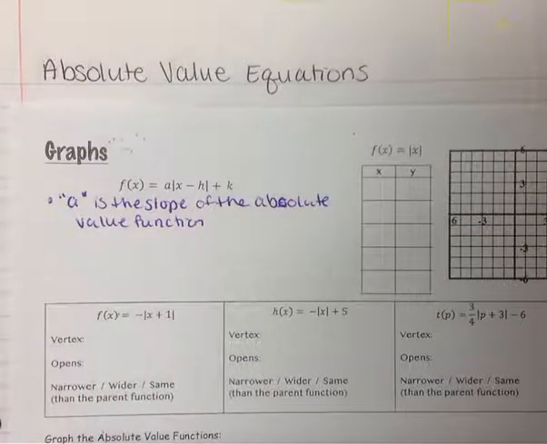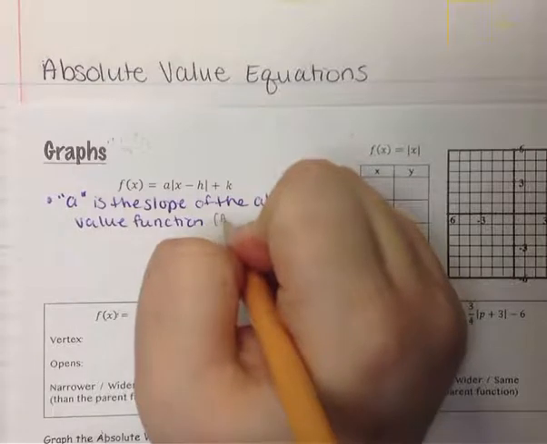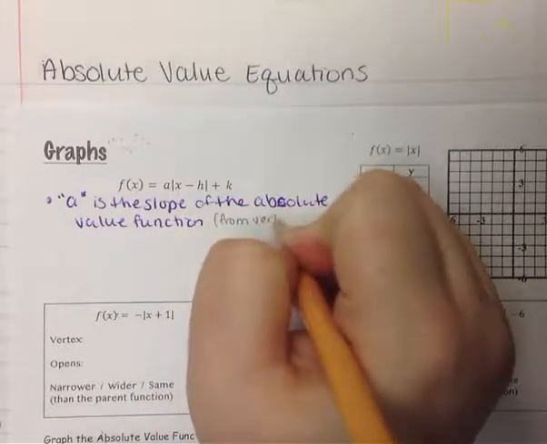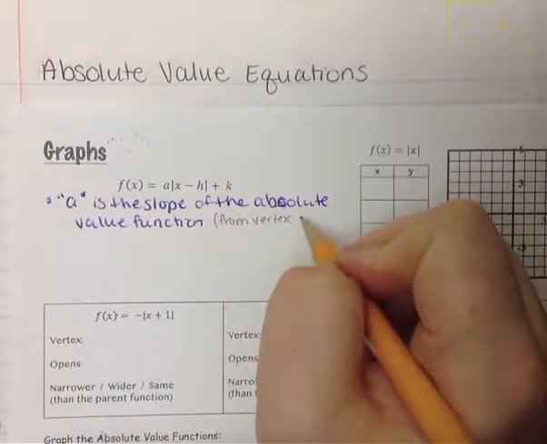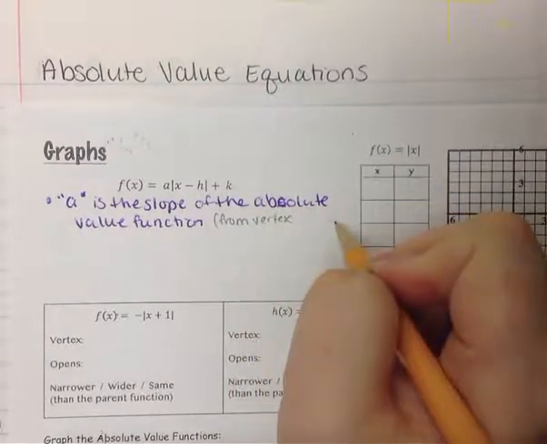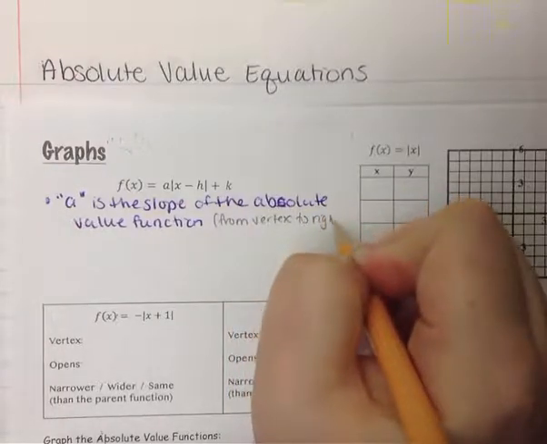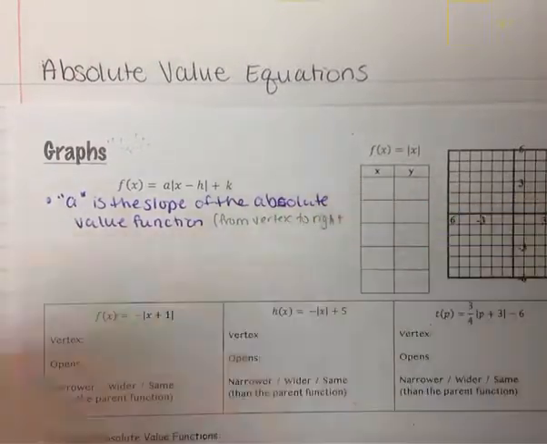Now, when you use your slope, it's going to go in two different directions. When you do your slope, you go from your vertex. We're going to count from the vertex, and we're going to make sure we go towards the right-hand side. So from the vertex to the right.